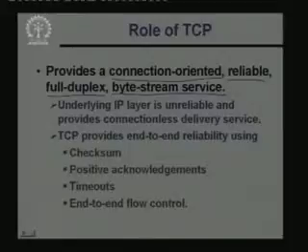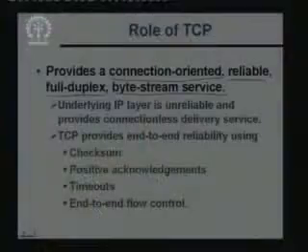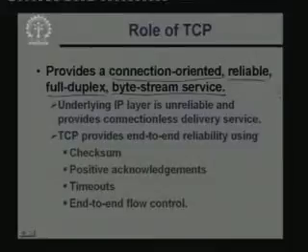This means that the two end hosts will have to establish a connection before data communication can start. Communication is reliable. Reliable meaning even in case of some failure or some packet loss, TCP will try to recover from that failure and regenerate the packet, retransmit it if necessary. Full duplex means bidirectional, and byte stream means to the applications the messages which are sent and which are received are as if they are a stream of bytes.